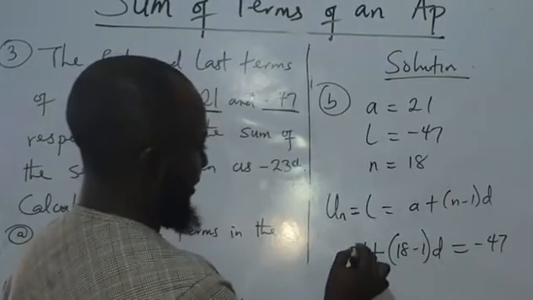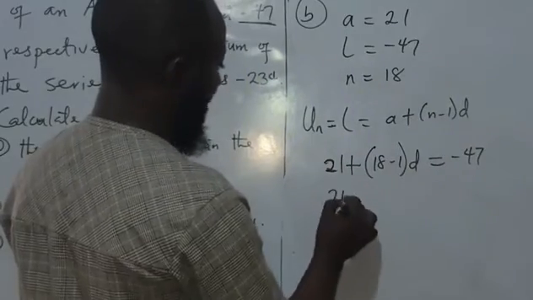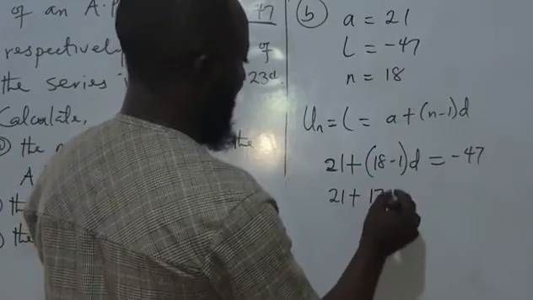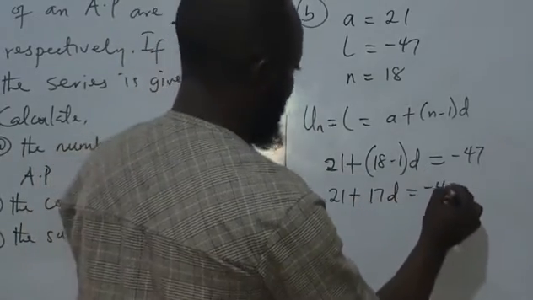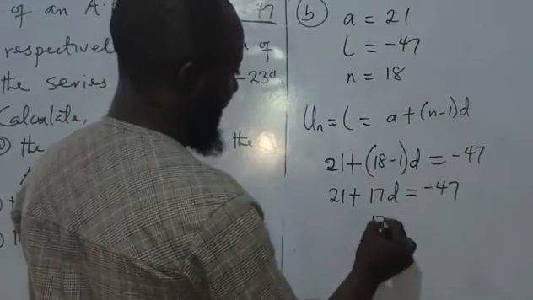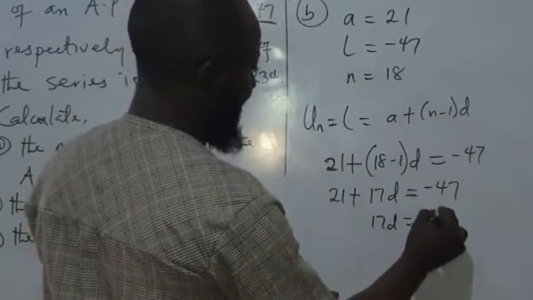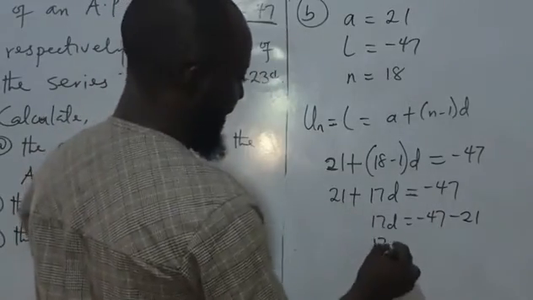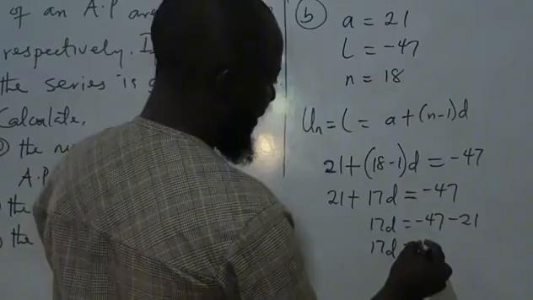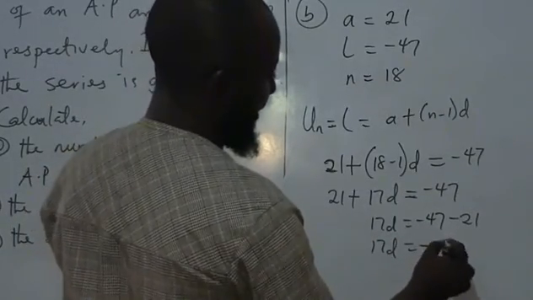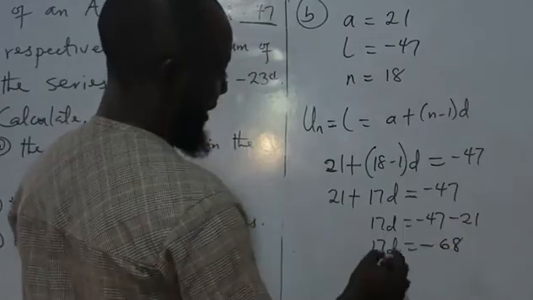So from here now, we can solve. This will be 21 plus, this is 17 multiplied by d, 17d equals minus what? 47. So we can collect like terms. That would be 17d equals minus 47, then minus 21. That is 17d equals minus 68.